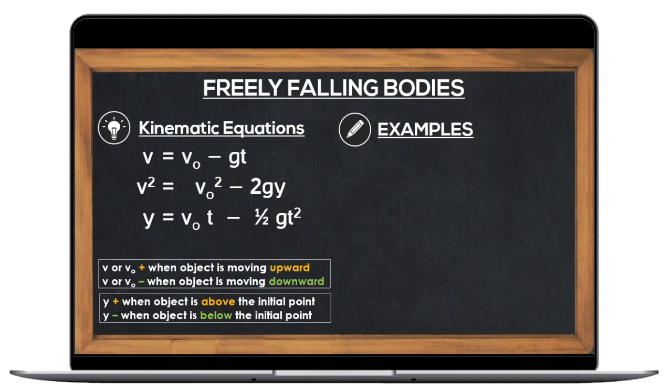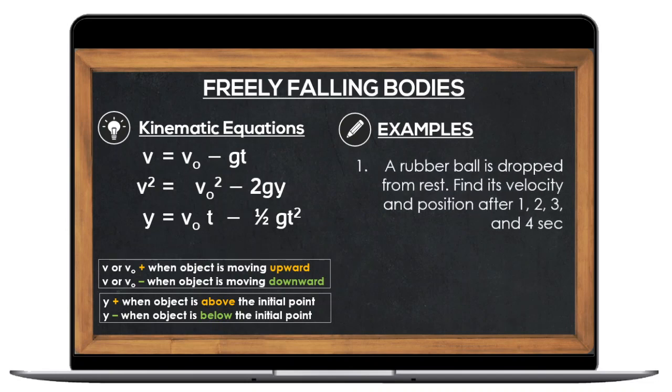Okay, so for example number 1, let's say a rubber ball is dropped from rest. Find its velocity and position after 1, 2, 3, and 4 seconds. So let's try this problem.